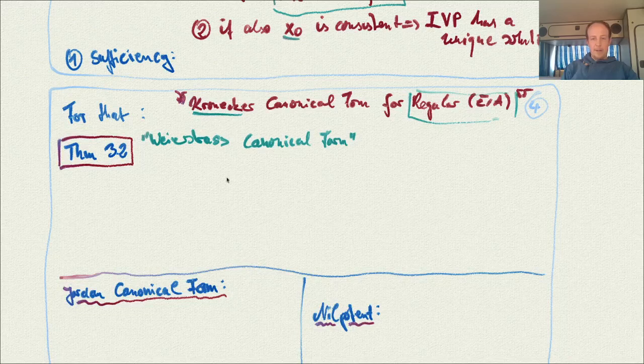This is this theorem. Let me just have a quick look at what this looks like. So here goes the theorem.